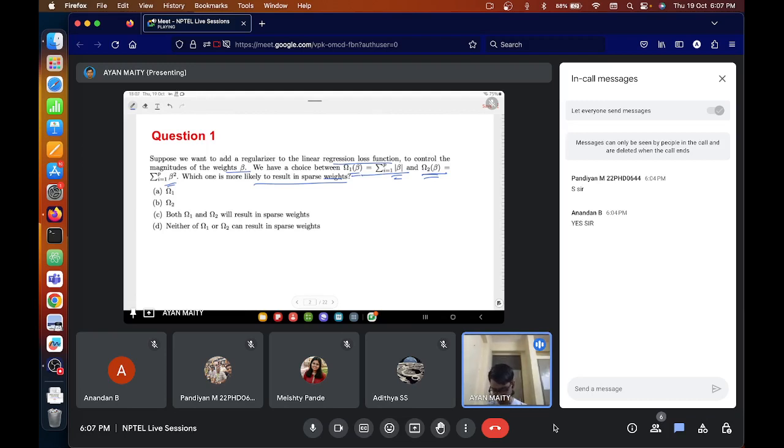The options are: the first regularizer, the second regularizer, both regularizers result in sparse weights, or neither of them produces sparse weights. Oh, sorry, these are not sigmas, these are omega 1 and omega 2. So omega 1 and omega 2 are the two regularizers. Which of these two will produce sparse weights? You can write your answer in the chat.